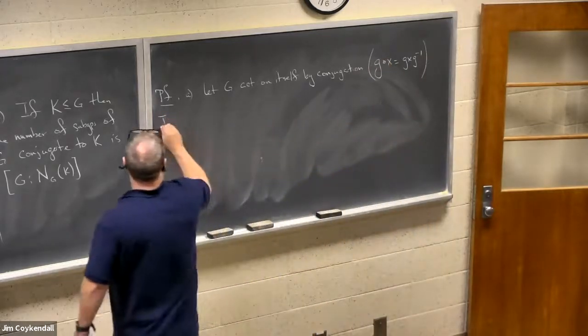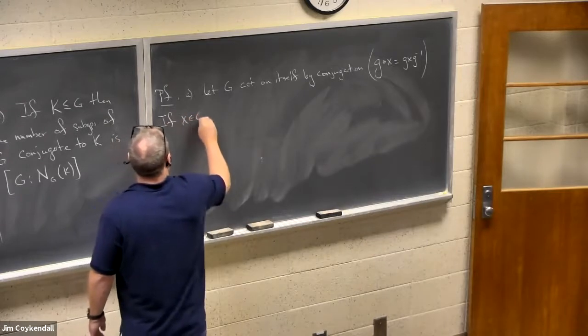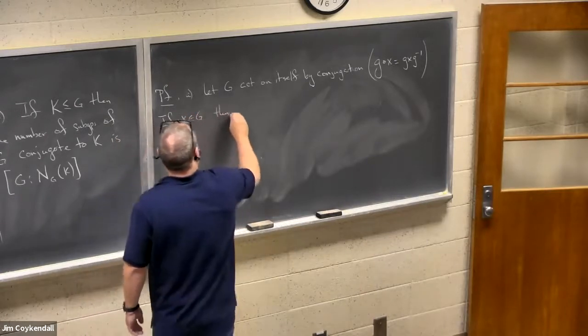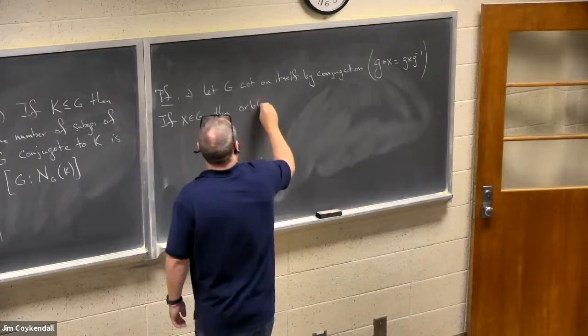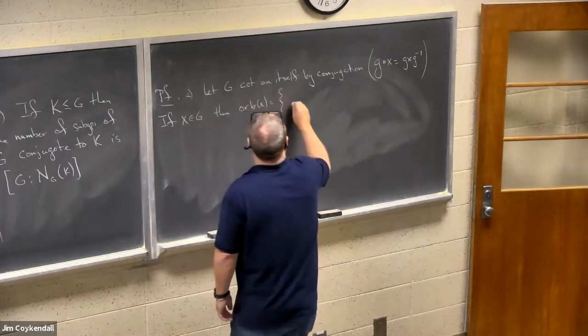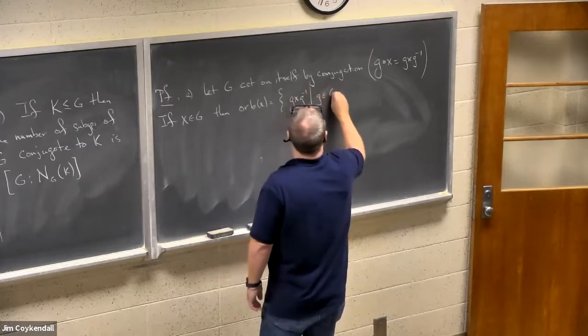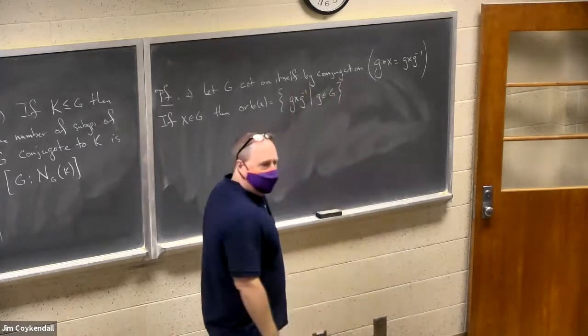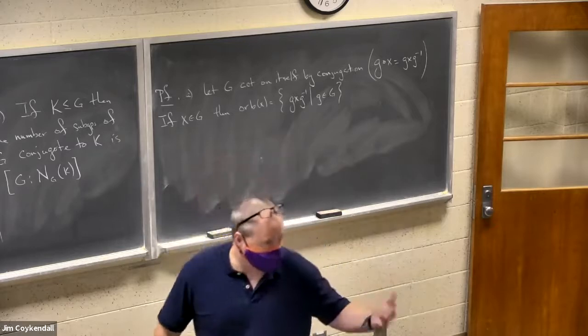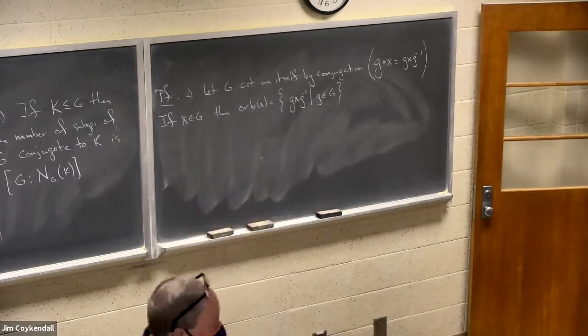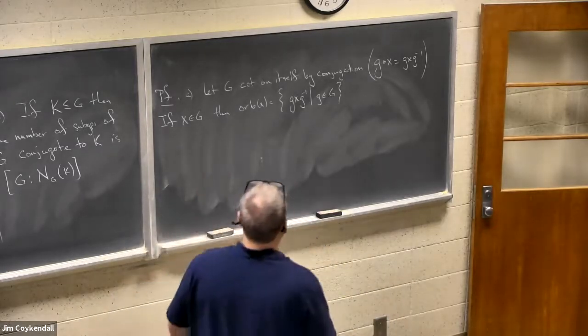If x is in G, then the orbit of x is the set of g x g inverse, which is precisely the set of conjugates. Notice that x itself is in it.